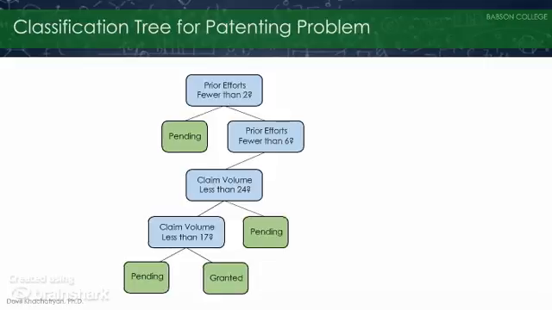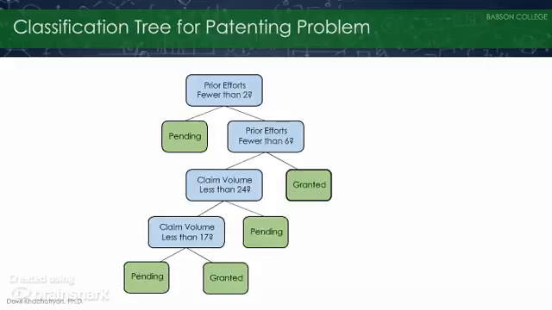In other words, those applications that have 6 or more prior efforts are classified as granted according to our tree. Notice all these labels, pending or granted, appearing on the terminal nodes pertain to the status of the patent document 3 years after the submission. And so here's the story right in front of you, represented by this tree.